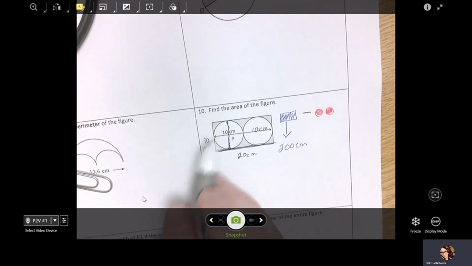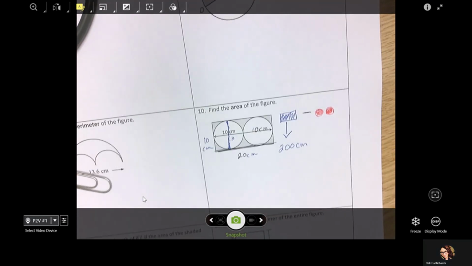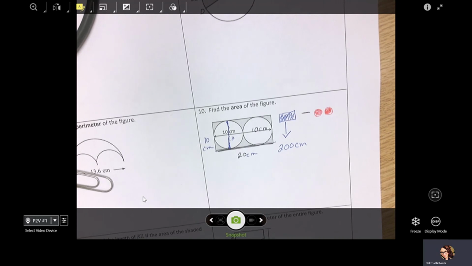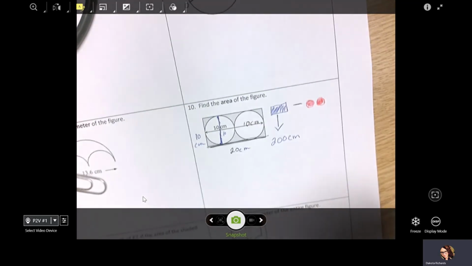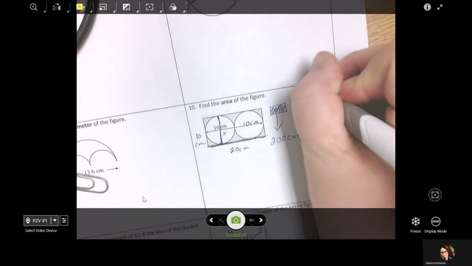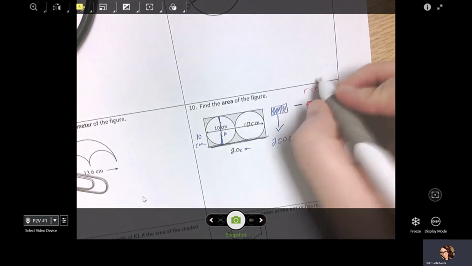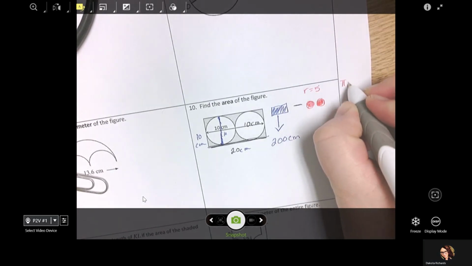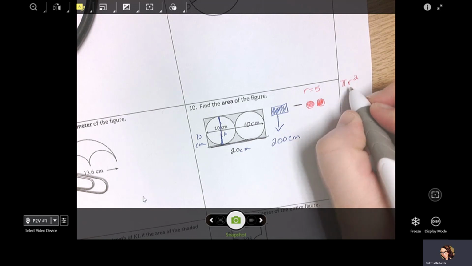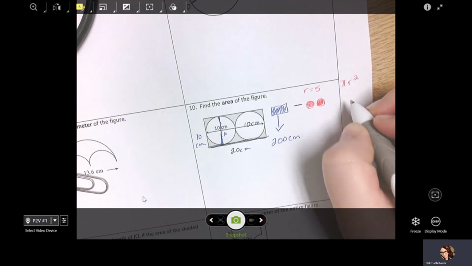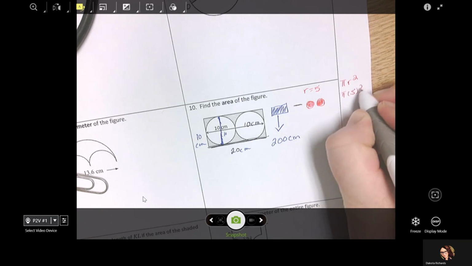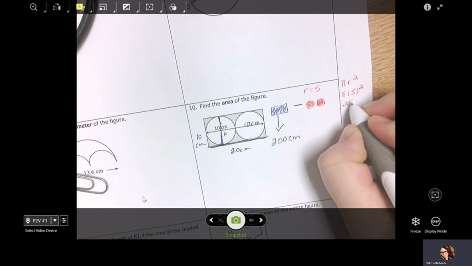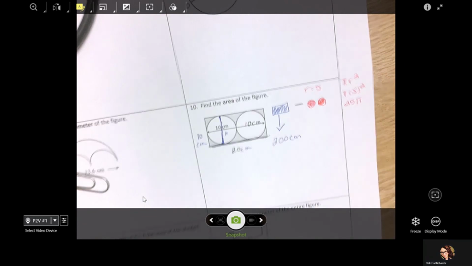If you just look at one circle, the diameter is 10, so the radius is 5. When you do pi r squared for the area, what is 5 squared? So your area is 25 pi, right?